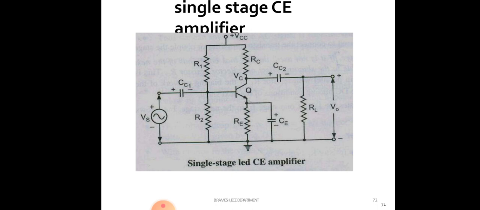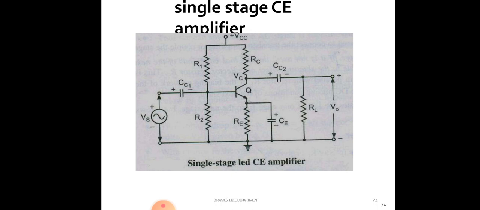The next one is also a coupling capacitor. If that capacitor is not present, your RC and RL resistors combine with the next stage source resistance, and that changes the operating point. Another advantage of this C2 capacitor is that ultimately we should get only the AC signal at the output.